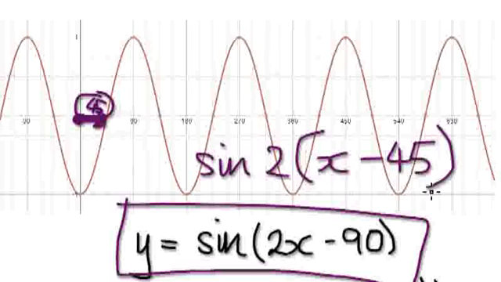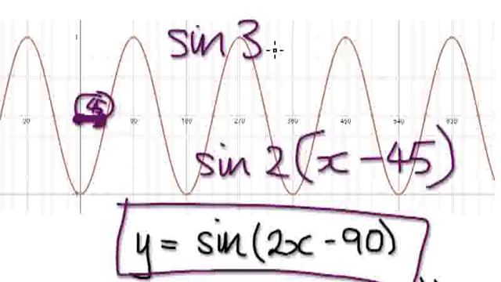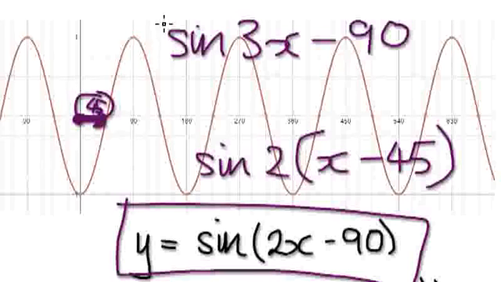So in this case, it's like this. If you get given something like this, let's say sine of 3x minus 90 here, for you to understand this here, somehow try to get it so that the coefficient of x is 1.